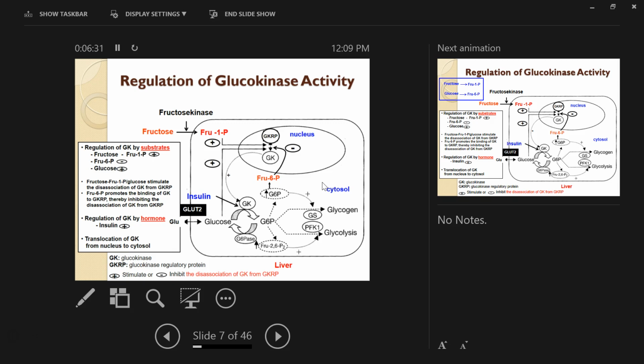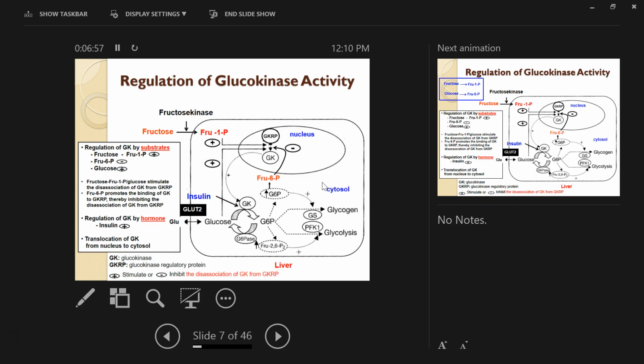So you know that actually the 2 substrates, fructose 1-phosphate and glucose, usually promote or stimulate this dissociation of glucokinase from GKRP and release from the nucleus to the cytosol.